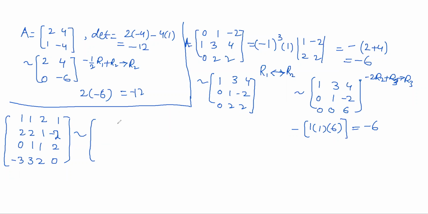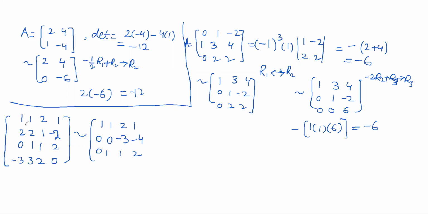So it will be 1, 1, 2, 1, and then 2 minus 2 will be 0, 2 minus 2 will be 0, 1 minus 4 will be minus 3, and then minus 2 minus 2 will be minus 4. Now you will have 0, 1, 1, 2.